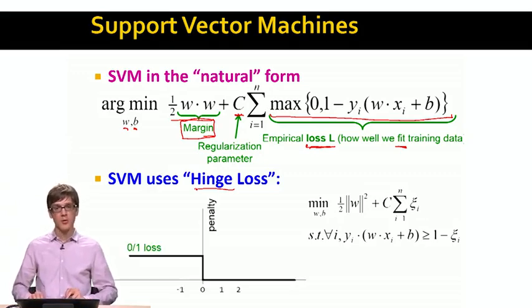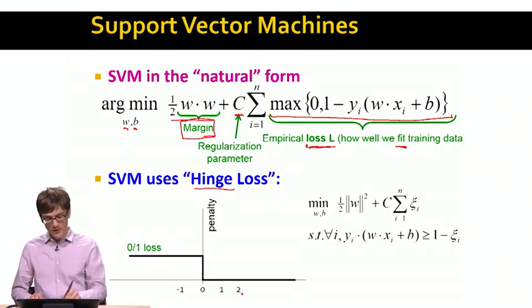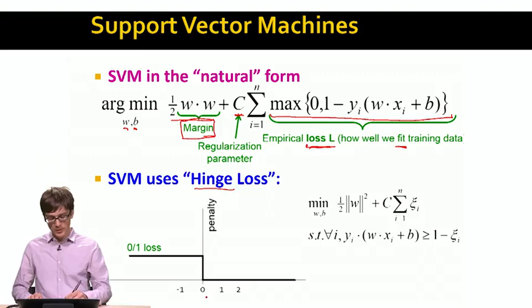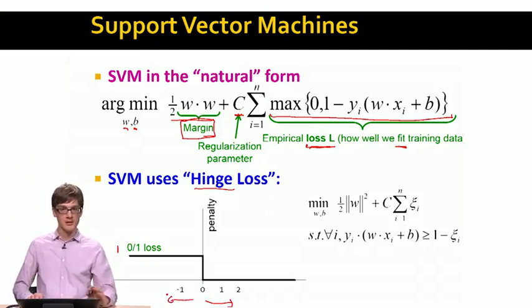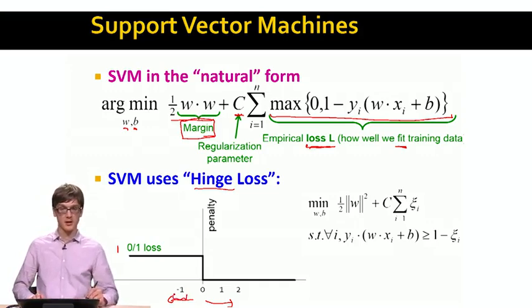The reason why we call it the hinge loss is the following. What we would really like is that if we have our classification and on the y-axis we plot the penalty, if we misclassify, we obtain a penalty of 1. Misclassification means that we predicted one class and the true class was of the other sign, so the product of the two signs is negative.